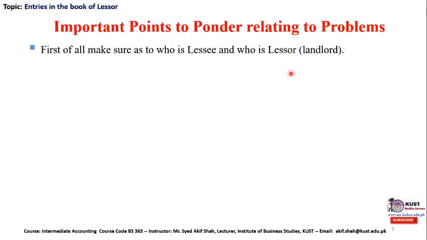So thoroughly read the narration and find out the lessee and the lessor, which must be clear before attempting to solve or to pass accounting entries in the books of account of a particular party.